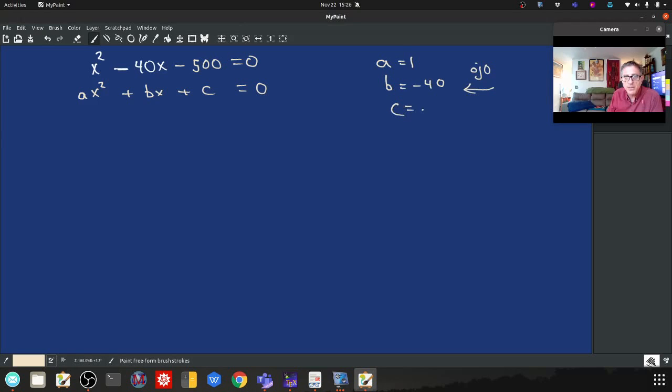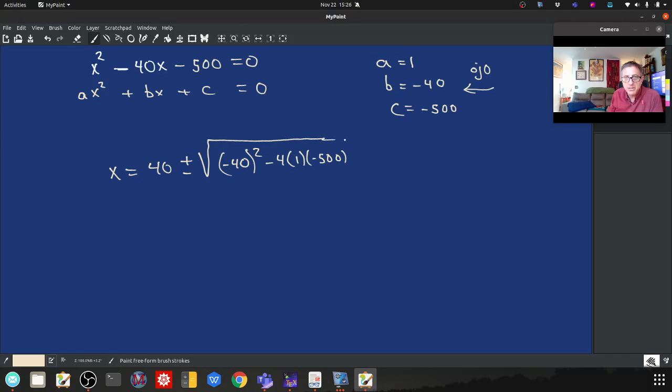And c is equal to minus 500. Doesn't really matter for c being negative. So that means x is equal to minus b, so minus a minus 40 is 40, plus or minus the square root of b squared minus 4 times a times minus 500.